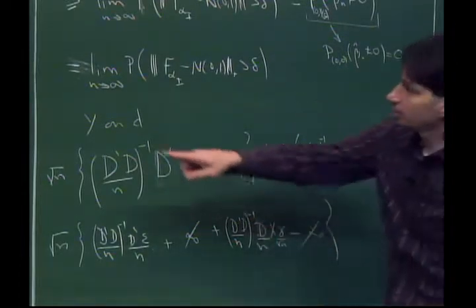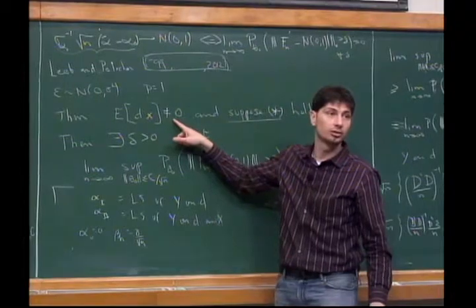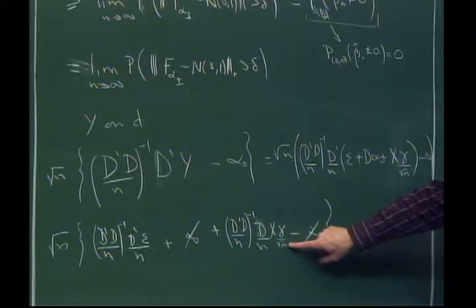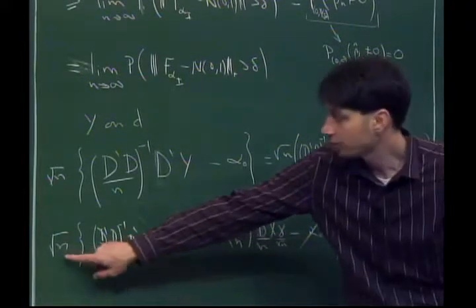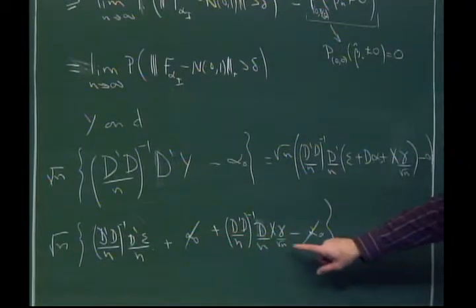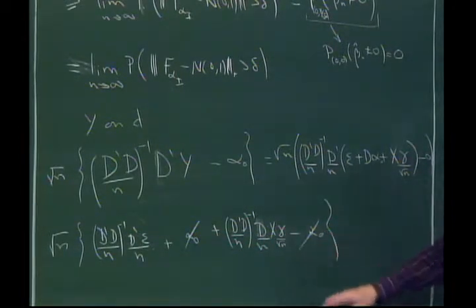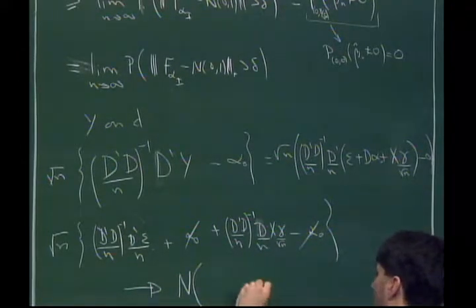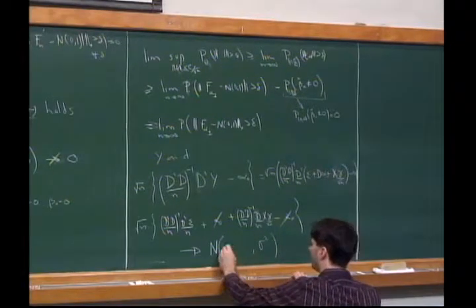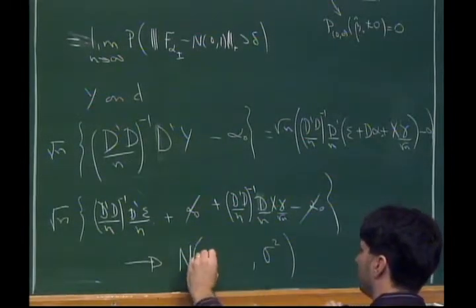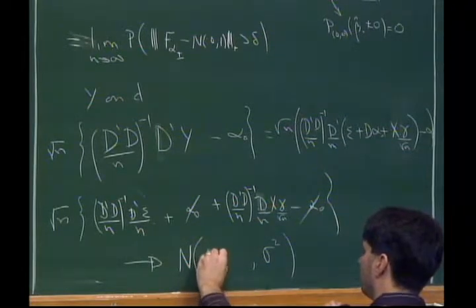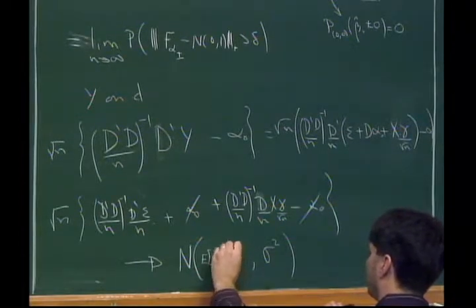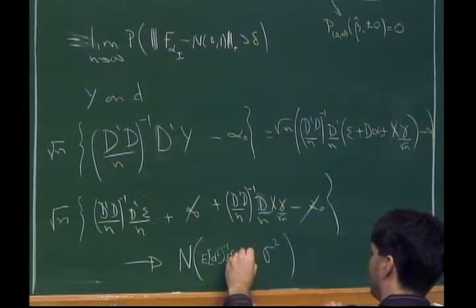But we made the assumption that d and x are not unrelated, so this does not vanish. This gamma over square root n, because we are hitting by square root n on the outside, is going to cancel that one. So this is going to converge to a normal with the right variance, but there will be a bias that is essentially the expected value of d squared, inverse, times the expected value of d and x, times gamma.